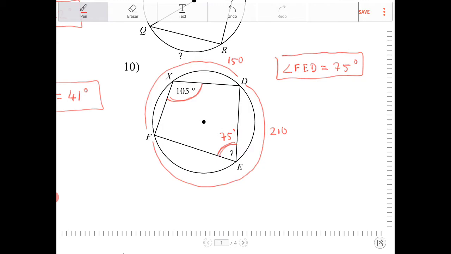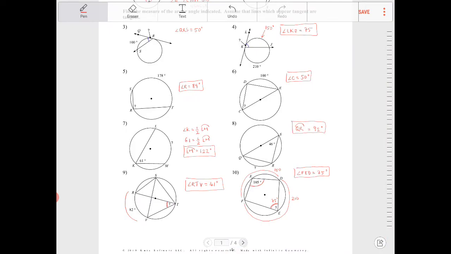And if you don't remember that, you can always reconstruct what I just demonstrated here. If you're given one angle in the quadrilateral, the intercepted arc is going to be double that, and then you subtract from 360 what you just found, and then you half that difference to find the opposite angle. Okay, question 11.